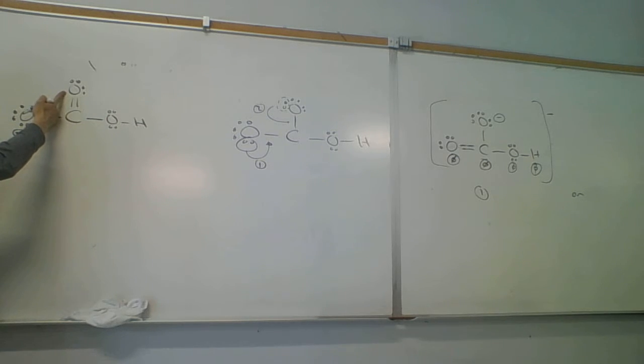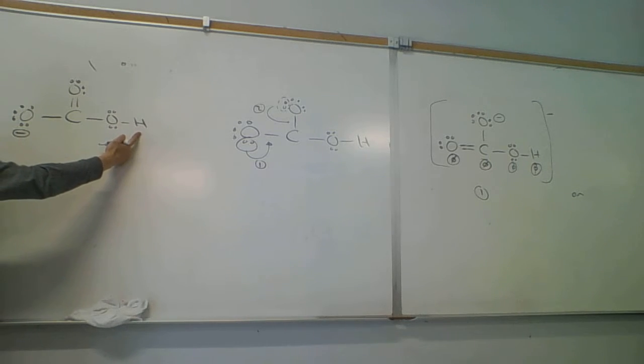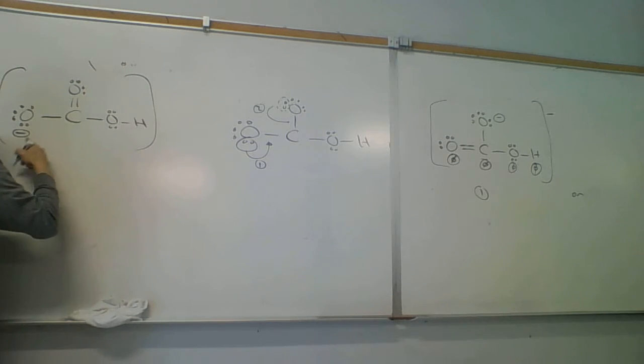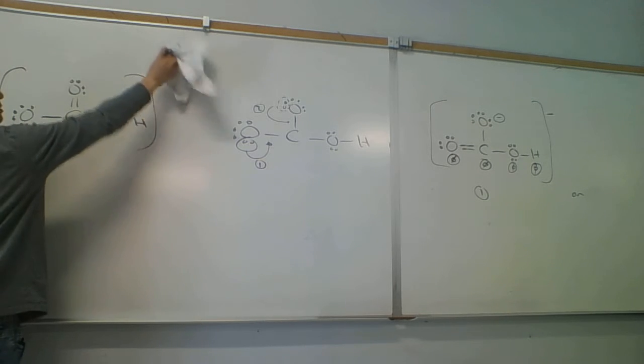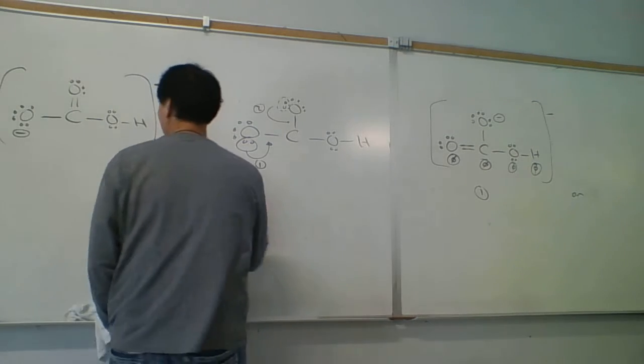This oxygen? 0. This oxygen? 0. The hydrogen? 0. And so when we add up all the formal charges, we have a net -1 charge on the ion. So this is the net charge over here. This is the formal charge here. This would be structure 2.